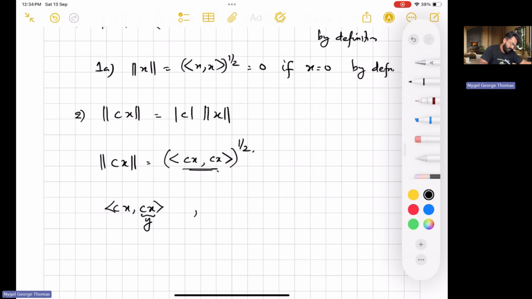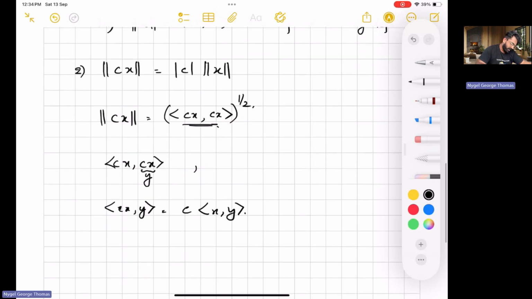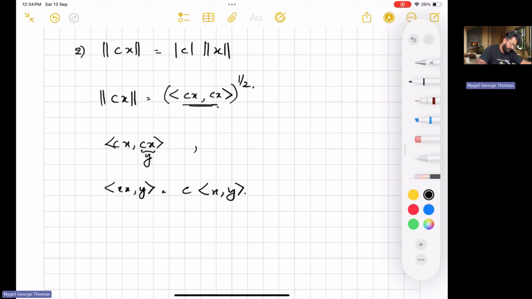So the inner product of cx and y is the same as c times the inner product of x and y, right? You don't have any doubt with it. The next question is, how do you find x comma cy?